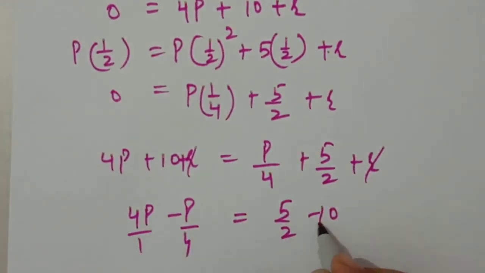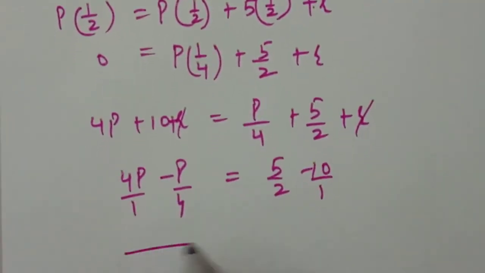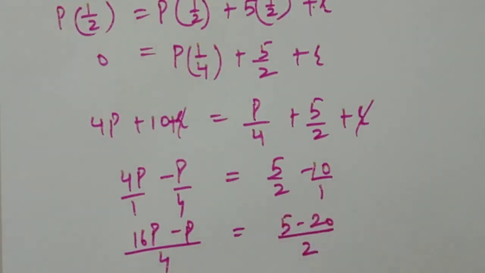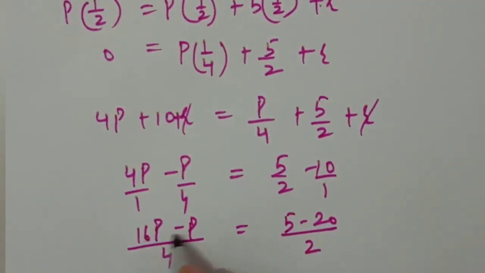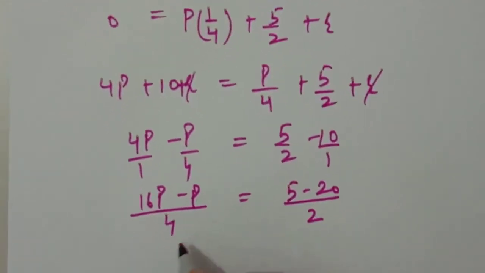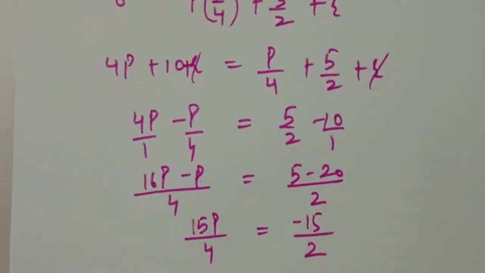We will take the LCM on both sides. So we take 4: 4 fours are 16p minus p, here we have LCM 2, then 5 minus 20. Then it is 16p minus 1p, it is 15p upon 4, and here we have minus 15 upon 2.